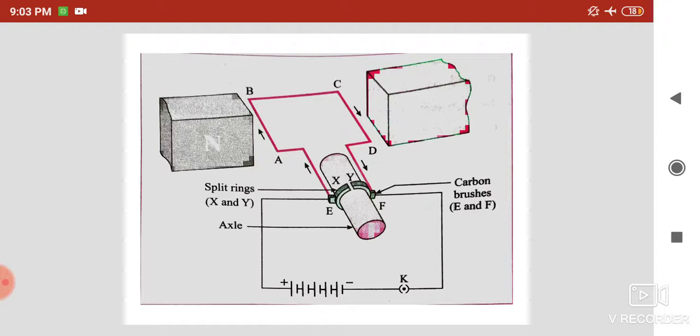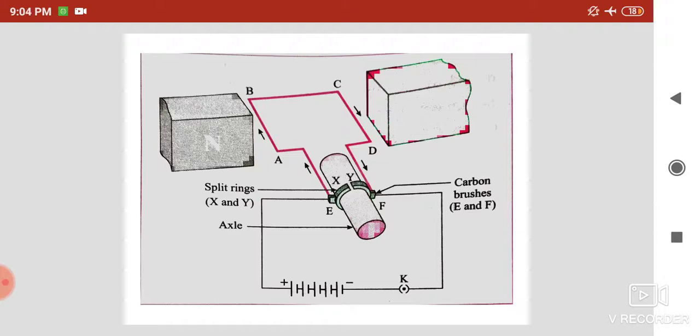When electric current passes through the loop, it flows in the direction E, A, B, C, D and F. As the magnetic field is directed from the north pole to the south pole, the force on AB is downward and the force on CD is upward, according to Fleming's left hand rule.